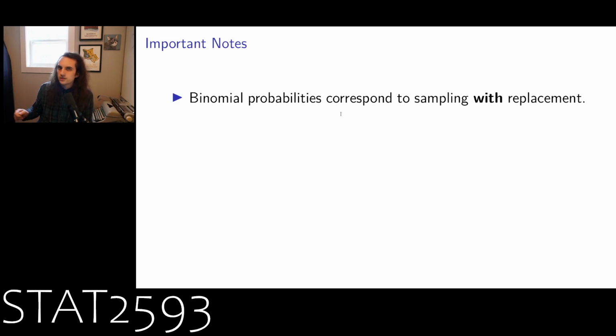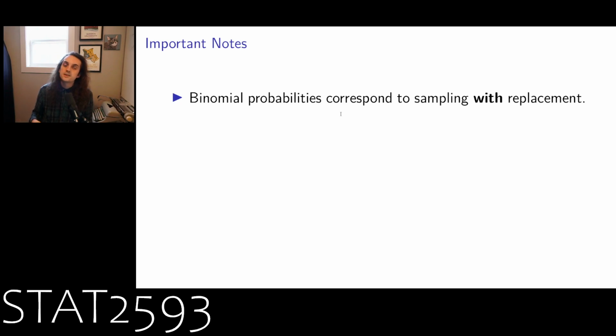But after you've drawn the first card, the probability is no longer going to be 1 in 13, because you're only going to have 51 cards remaining, and maybe you have 4 aces, maybe you have 3 aces remaining. But either way, the probability is going to shift.